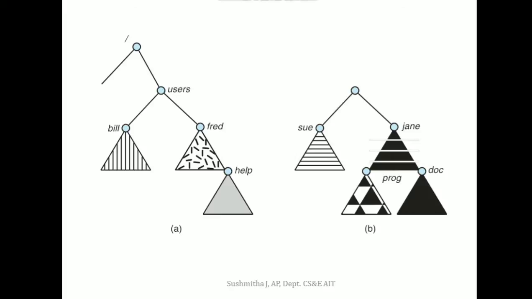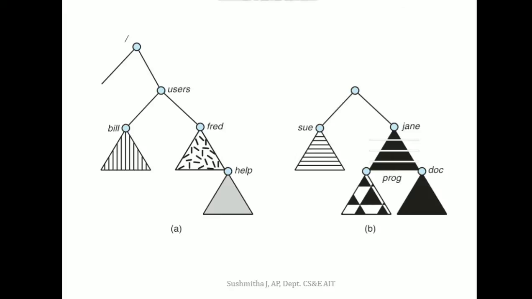The operating system is given the name of the device and the mount point. The operating system verifies that the device contains a valid file system.